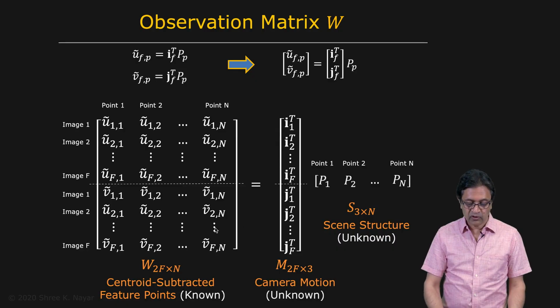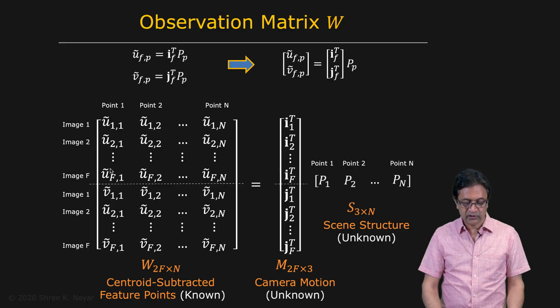So you have your observation matrix right here on the left, which is W, which is a 2F times N matrix. 2F because you have F such equations, F such rows for U and F for V. So you have 2F times N, where N is the number of scene points.